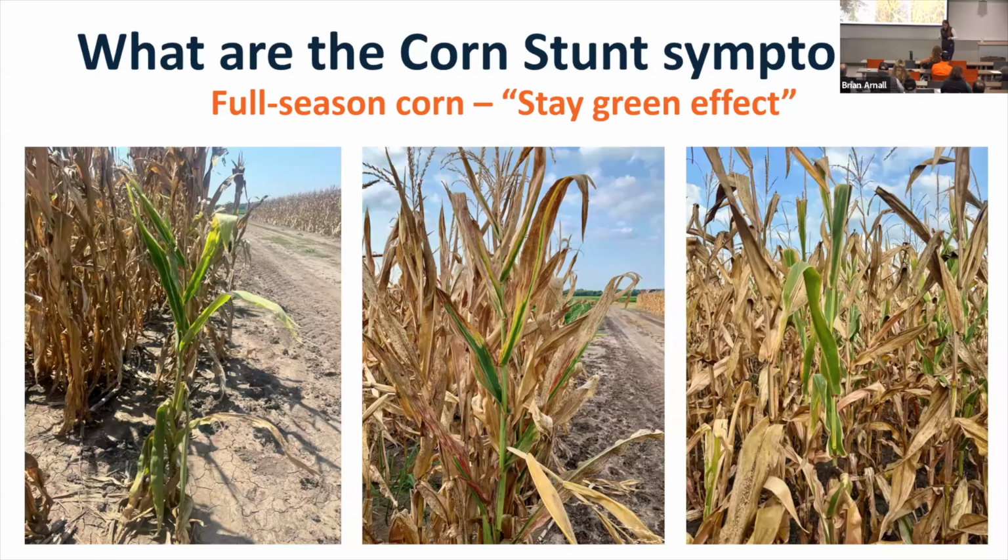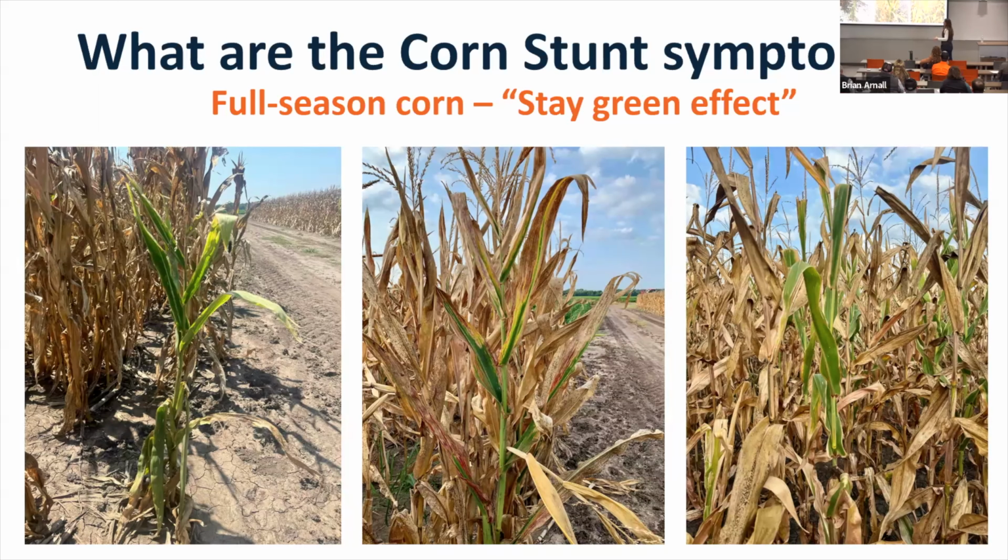Another symptom that we observed here in the United States, but which is also very common in other countries such as Brazil or Argentina, as they already mentioned, is the stay green effect. Especially at the borders of the field, when we walk along the border, you see that the plants are not affected. They are already in the senescence growth stages, already getting dry. But the plants that are heavily infected with the pathogens stay green. Why do you think they stay green?